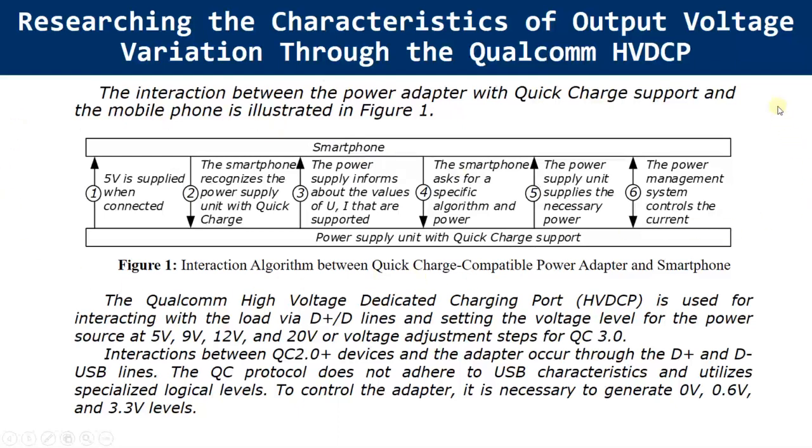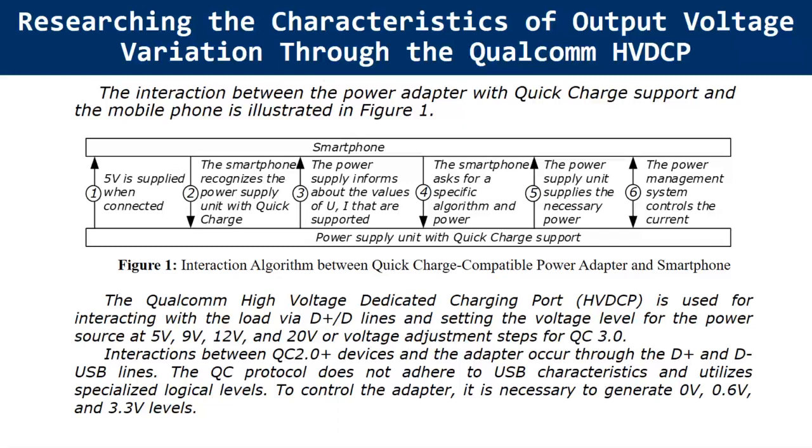The Qualcomm high voltage dedicated charging port, HVDCP, is used for interacting with the load via D+ and D- lines and setting the voltage level for the power source at 5 volt, 9 volt, 12 volt, and 20 volt, or voltage adjustment steps for QC 3.0.